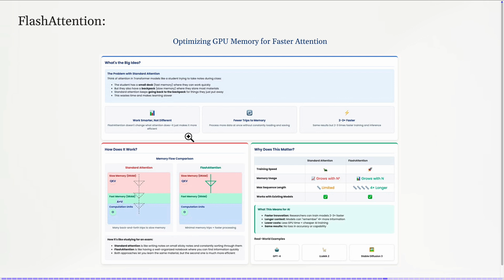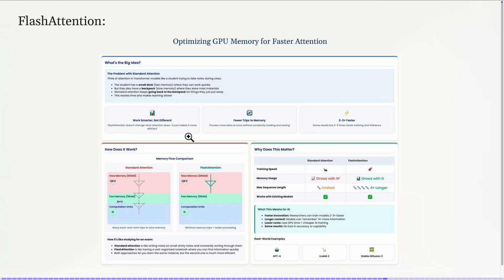The standard attention just keeps going to the slow memory each time. So the idea here is not to be different like other techniques have done, but to work smarter. We keep the same computation, no change to the mathematics, but we try to improve the information flow between the memories. In standard attention, the KQV work in the DRAM, which is the slow memory, and then in the fast memory SRAM to calculate the attention scores, and then we have computation units.